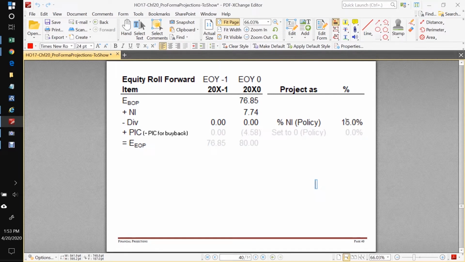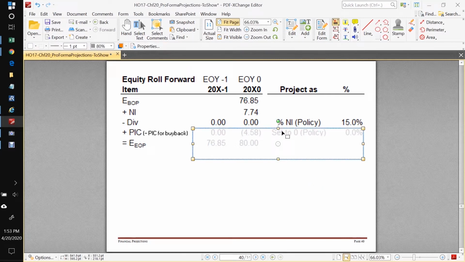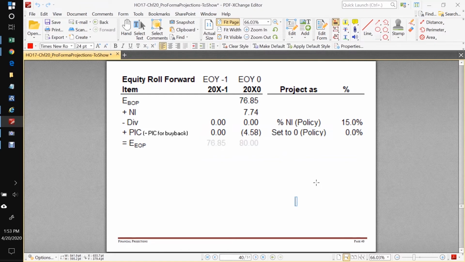So 15% of net income is what they want to try for with dividends. It may or may not work, but that's the analysis we're doing. Okay. And then the CFO and the board have said no share buybacks, no issuance of shares, so that'll be set to 0 by policy. And with all that, we'll be able to get our equity at end of period that we'll be able to put on the balance sheet.